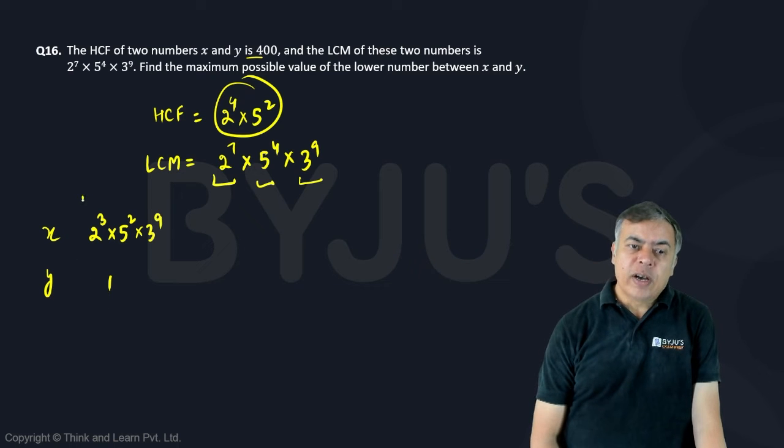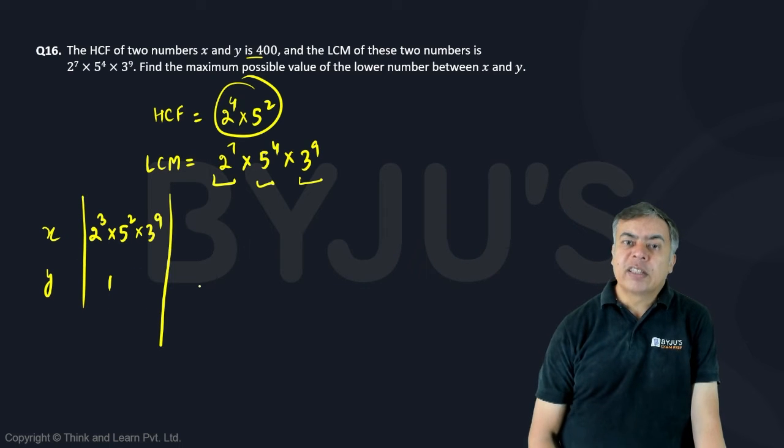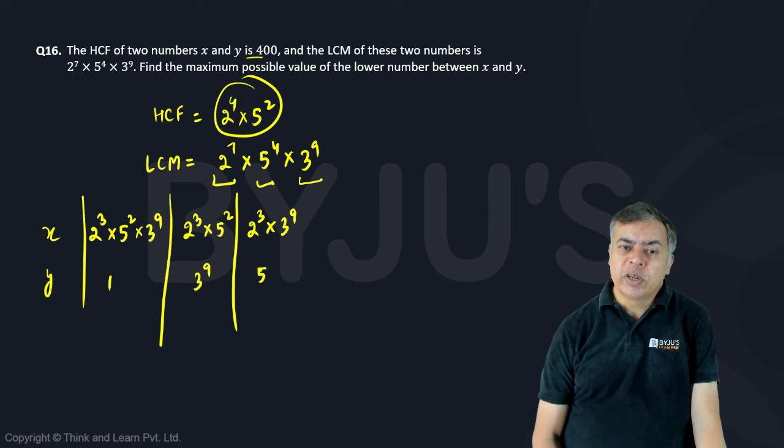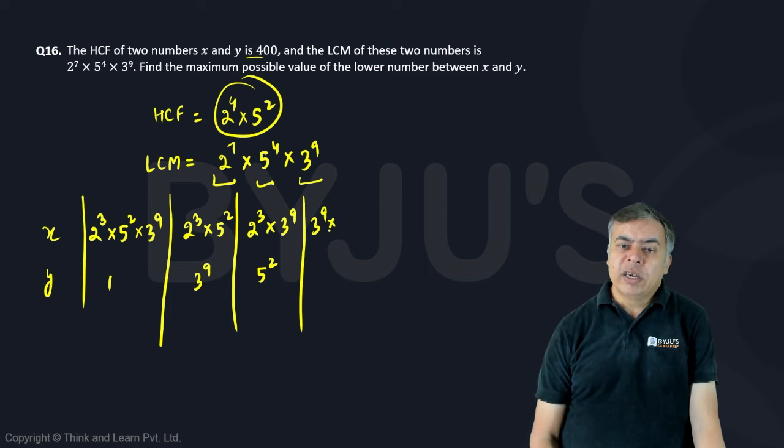So here y is having nothing. Or you can have 2 raised to power 3 into 5 raised to power 2 and 3 raised to power 9 here. Or rather I would say here 3 raised to power 9 and 5 raised to power 2 here. Or you can have 3 raised to power 9 into 5 raised to power 2 and 2 raised to power 3 here.